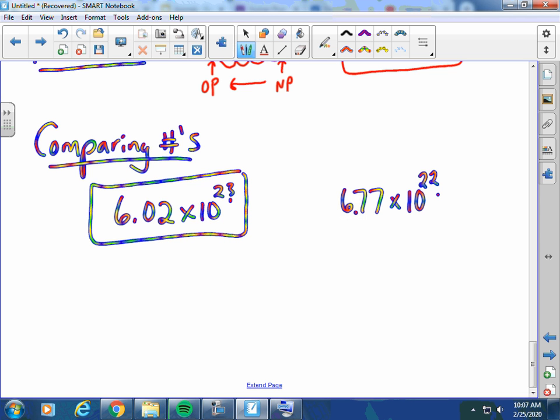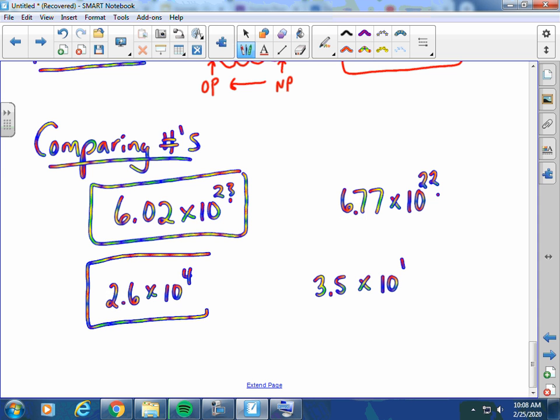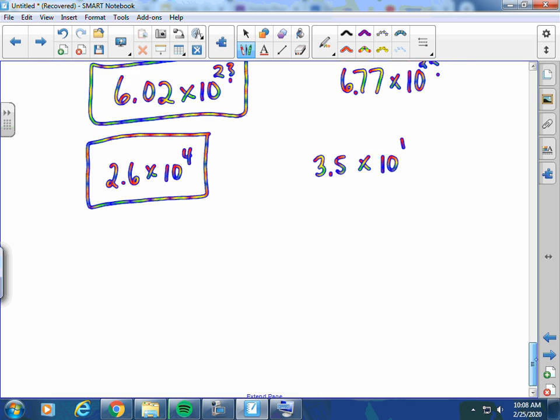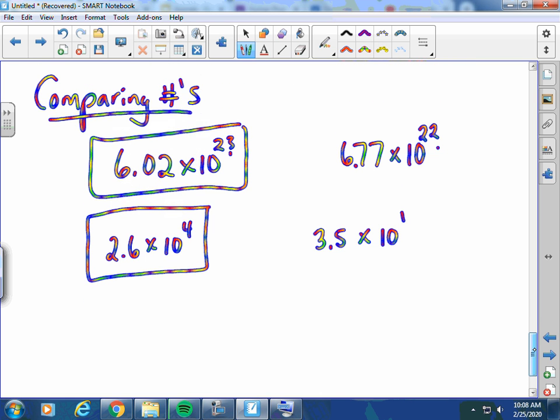Even if I did it on a smaller scale, I'm not even looking at the front number. Front number doesn't matter. Just look at the exponent. This exponent is higher. This is the larger value. Now we do have to pay attention to if it's negative or positive though, right?